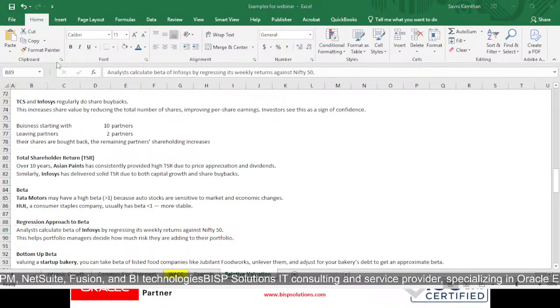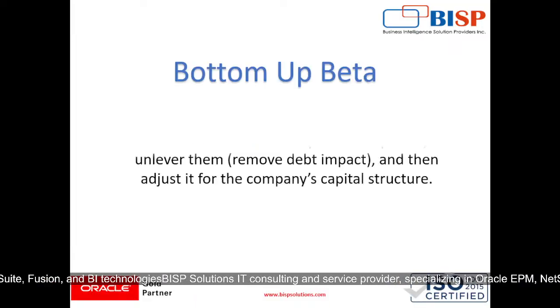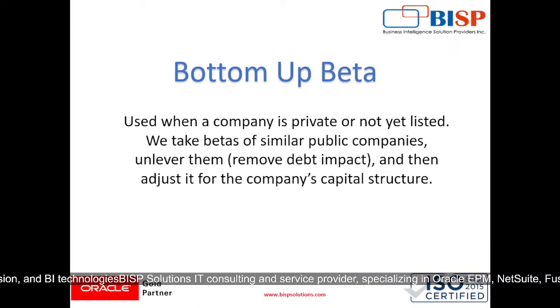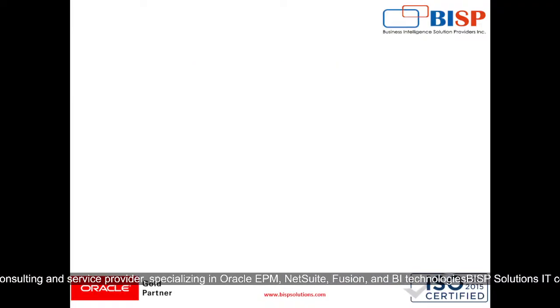Then comes our next topic, which is bottom up beta, which is used when a company is private or not yet listed. We take betas of similar public companies, unlever them, remove the debt impact, and then adjust for the company's capital structure, right?